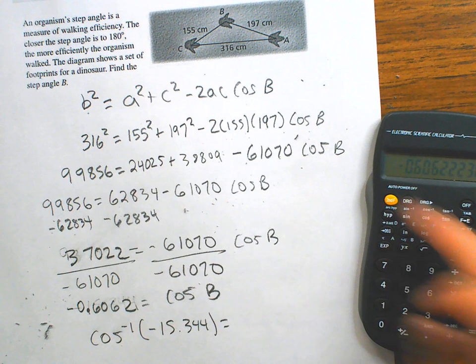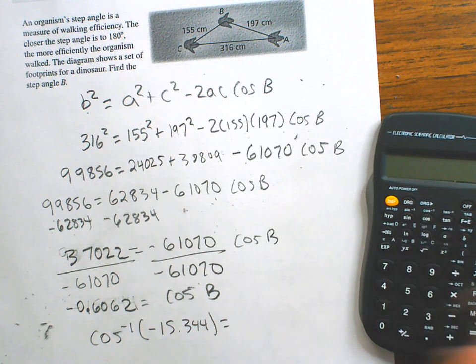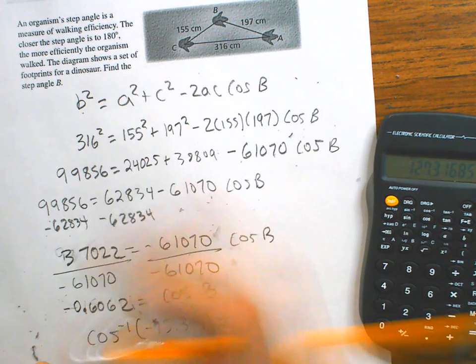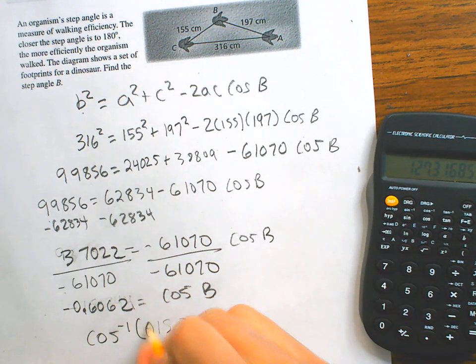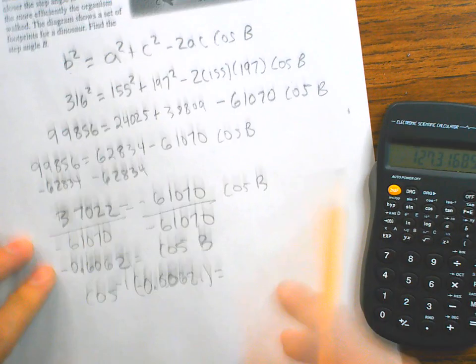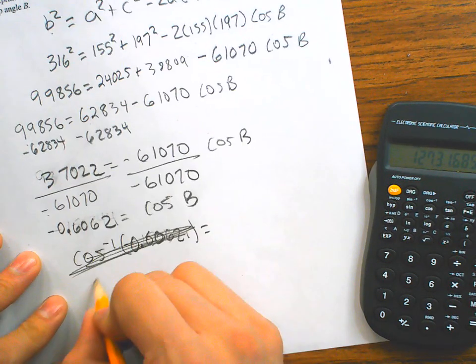0.6062. Then you do the inverse cosine of that. Sorry, it looks a little messy. Let's go ahead and rewrite that.